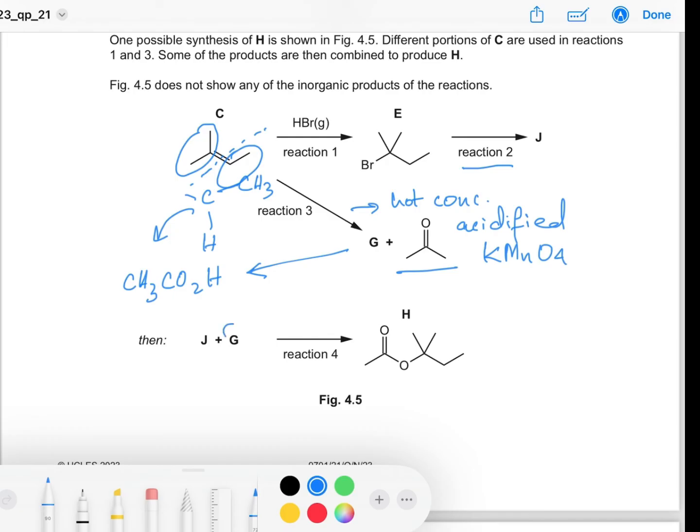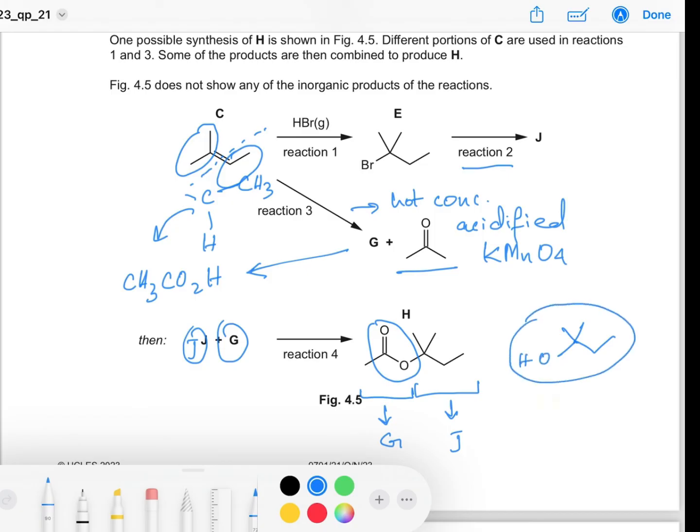Right. Now you have G, which is an acid, reacting with J to form an ester, which means J has to be an alcohol. Okay, so this part comes from G, which is the acid, and the remaining portion comes from the alcohol J. So alcohol J must have the structure over here.